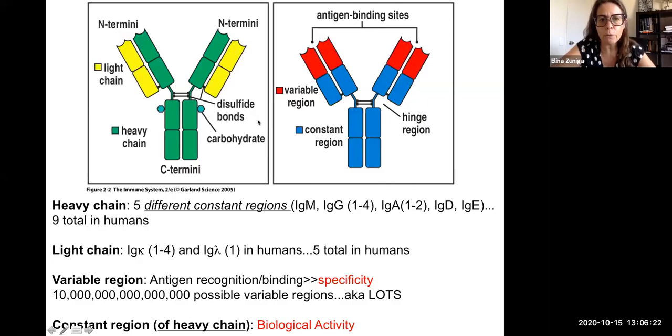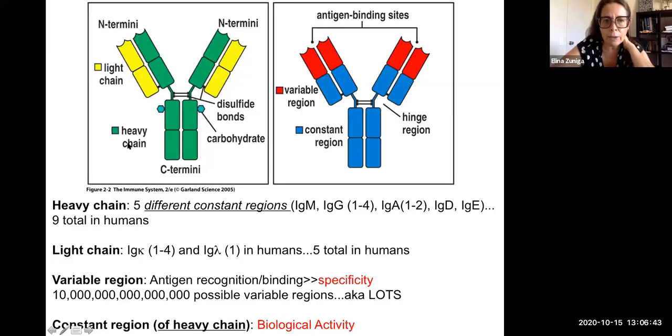So let's learn more about the antibodies. We already covered some of this in the previous lecture. Each antibody molecule has 2 identical heavy chains and 2 identical light chains.